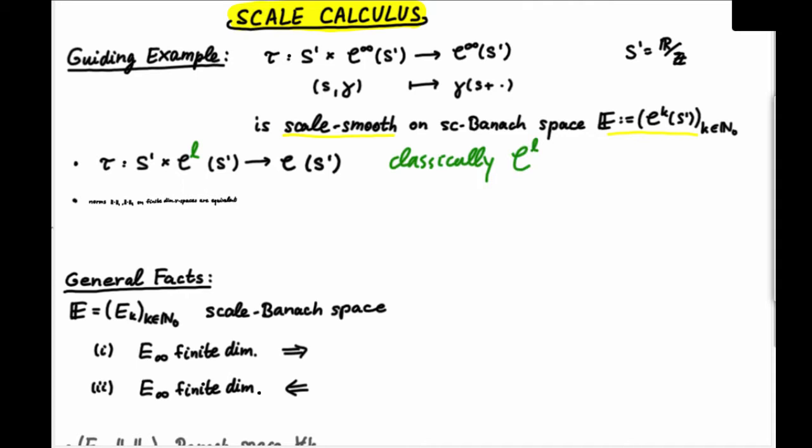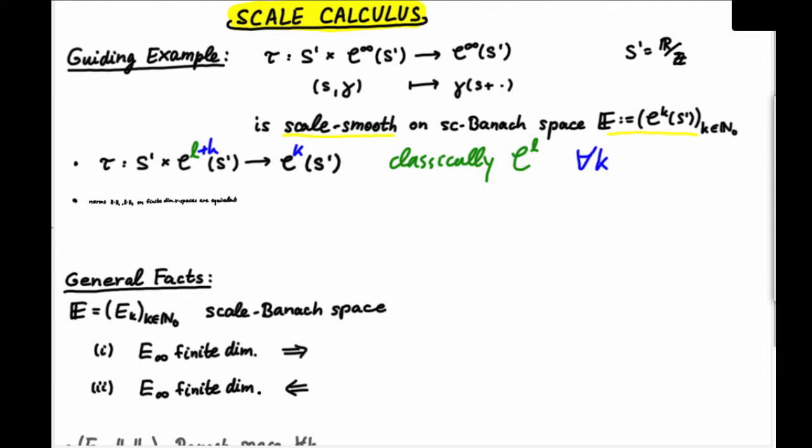Not just that, there's a 0 here, you can shift by any k. So if you have a shift between the scales by L, you actually get classically L times continuously differentiable. That's something you can check by hand. It's also something that follows from scale smoothness. But let's say we've checked that by hand. We don't actually know about scale smoothness.